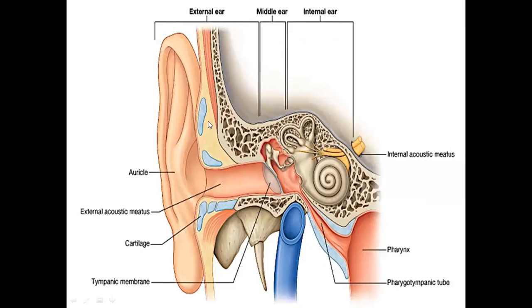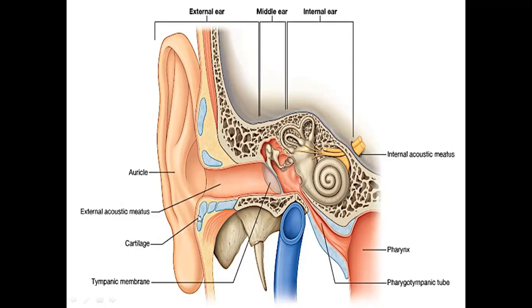The components of external ear are, as you can see here, this is auricle, also called pinna, also called external ear. So the external ear is leading into a tube which is called external acoustic meatus.